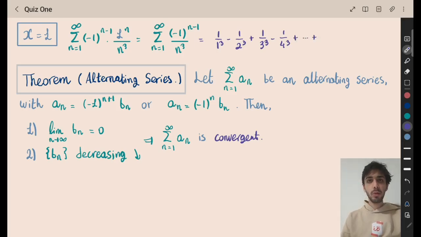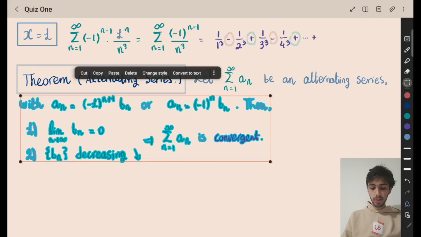And so on and so forth. And when we say alternating, we mean that in terms of the sign. So it alternates the sign. This is such an alternating series. So let's take a look at the theorem, see what it says.